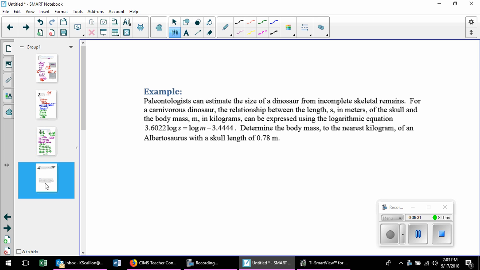So the relationship between the length in meters of the skull and the body mass in kilograms can be expressed using the logarithmic equation. Determine the body mass to the nearest kilogram of an Albertosaurus with a skull length of 0.78 meters.